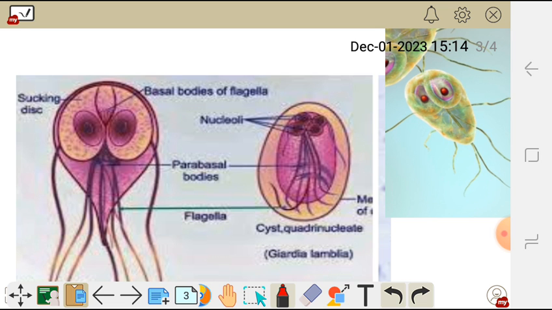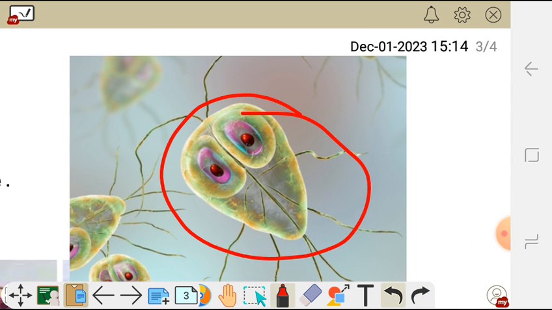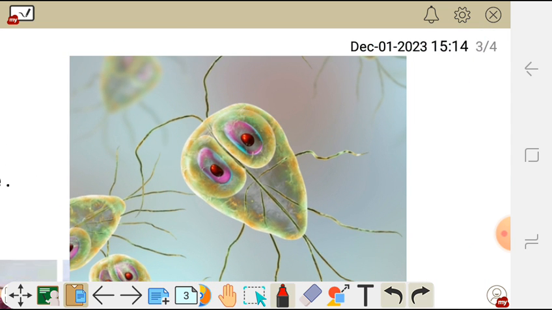Apart from this diagram, we also have this diagram here. It also shows the same parasite, a protozoa, which is Giardia Lamblia. In this diagram, we have 4 pairs of flagella. As I've already said, we have 2 pairs which are on the ventral border side, and then we also have this pair here, and we also have this pair which is there.